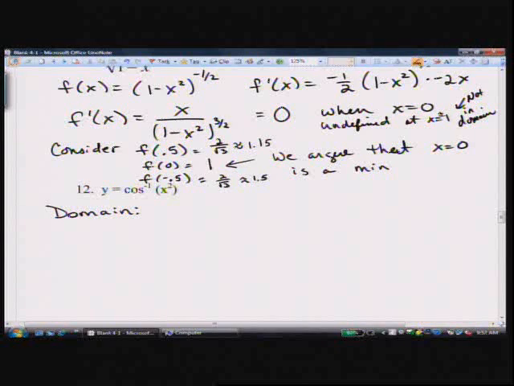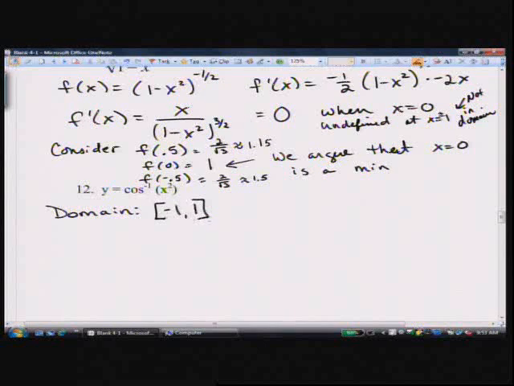What kind of y values do you get for your cosine? From -1 to 1. And so that is going to be the domain of the inverse, because remember, inverse functions switch your x and y. So the domain of this function is from -1 to 1.